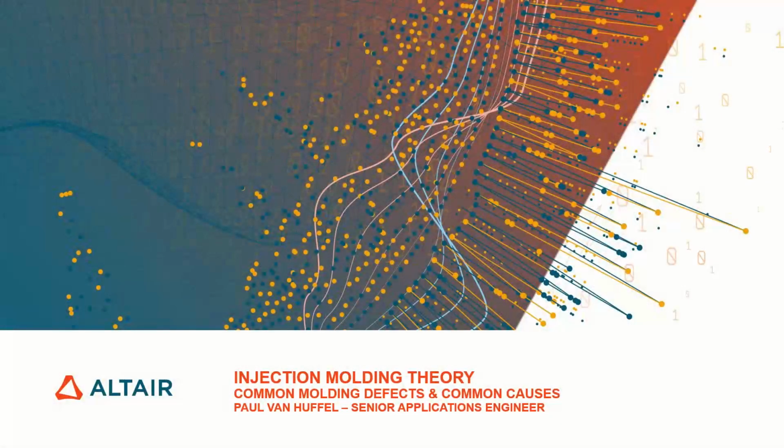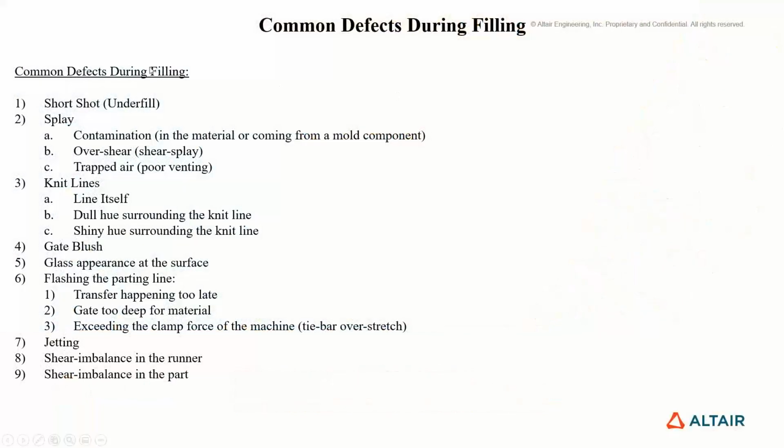Okay, now we're going to get into some of the common defects from molding, and some of the things that we might see in simulation that go along with that. So we're going to talk a little bit about the defects themselves, and maybe jump back and forth, or when I'm done with the slides, go back over some of these things with some examples. So one of the most common is short shot, right?